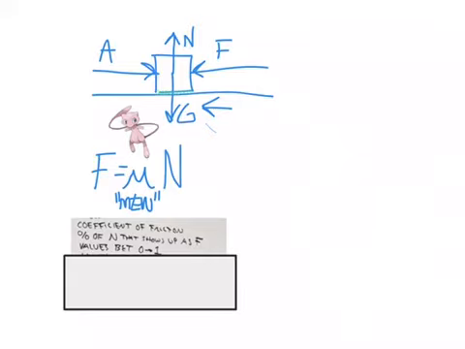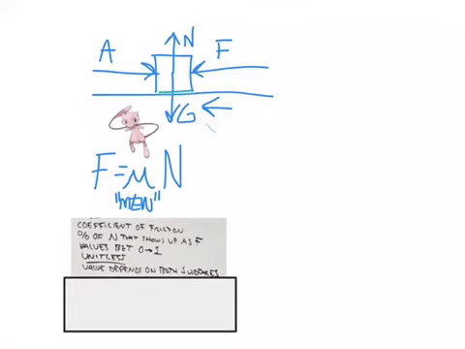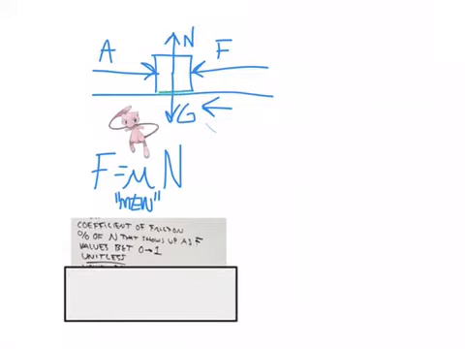Next, we need to talk about the units of mu. So what would the units of mu be? Well, the units of mu is actually unitless. The reason is that the units of the friction force are newtons, and the units of normal force are newtons. So we already have newtons equals newtons, and if you think of it as a percentage, it's just telling how much of that normal force.